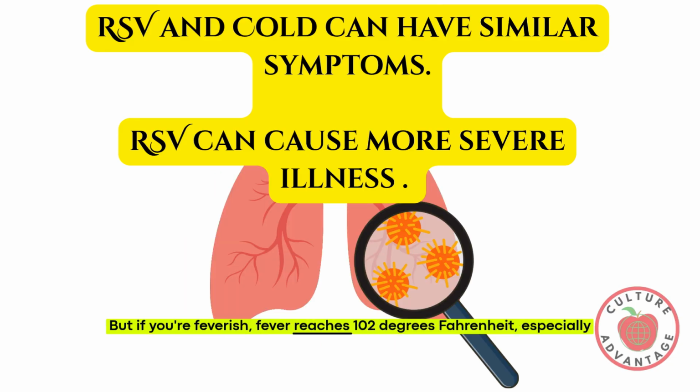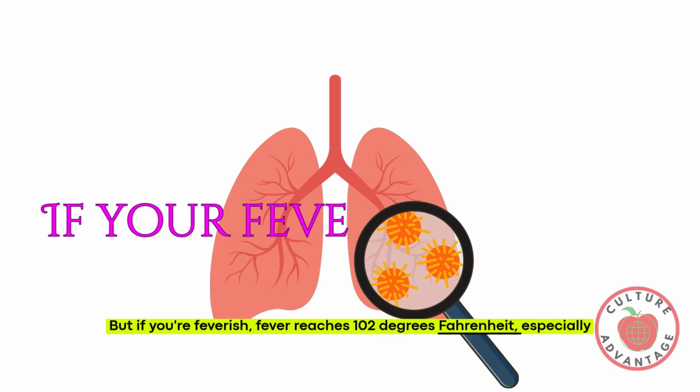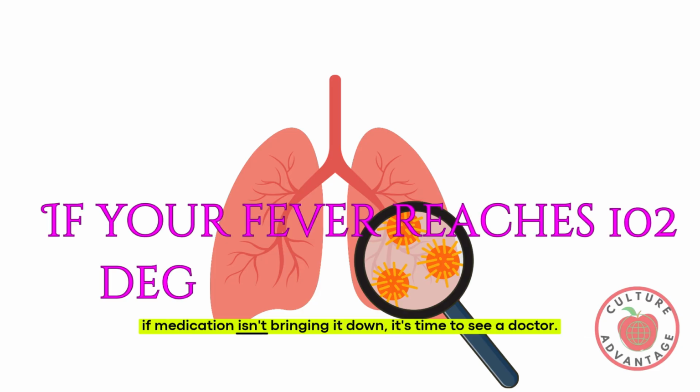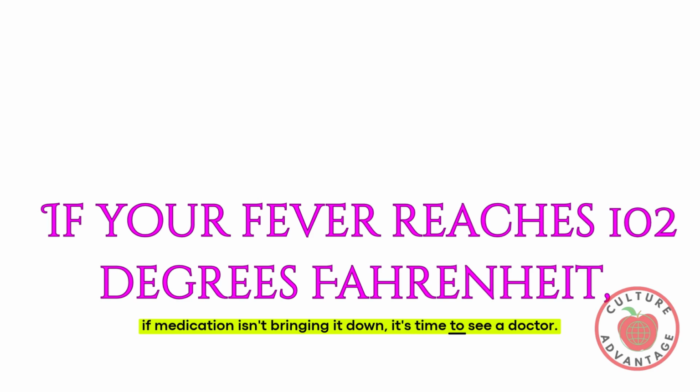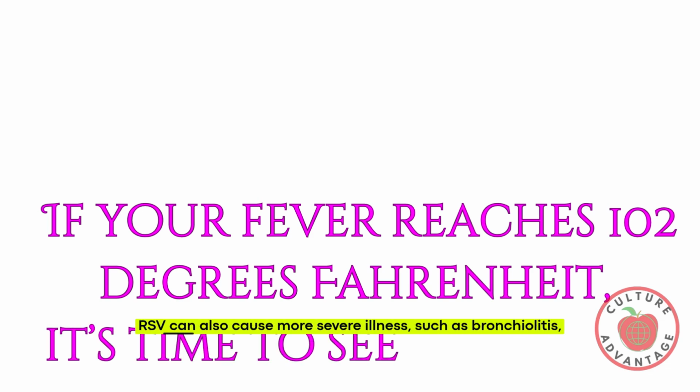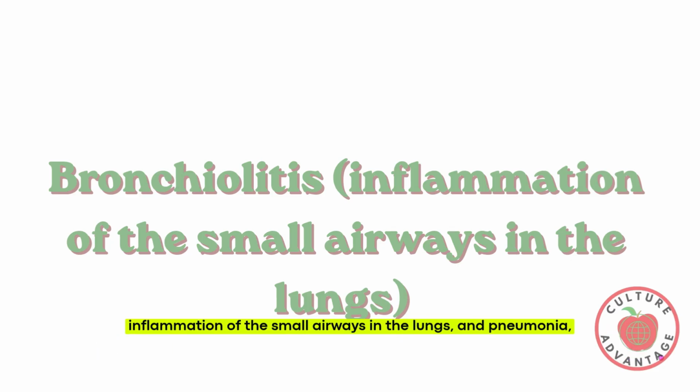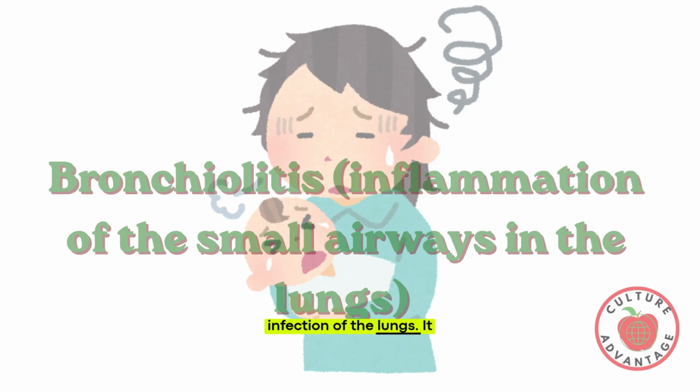But if your fever reaches 102 degrees Fahrenheit, especially if medication isn't bringing it down, it's time to see a doctor. RSV can also cause more severe illness such as bronchiolitis, inflammation of the small airways in the lungs, and pneumonia, infection of the lungs.